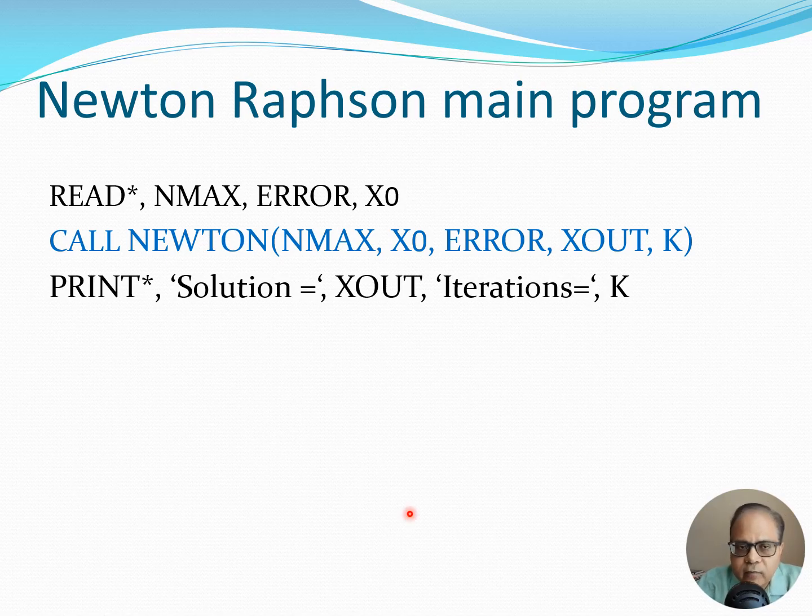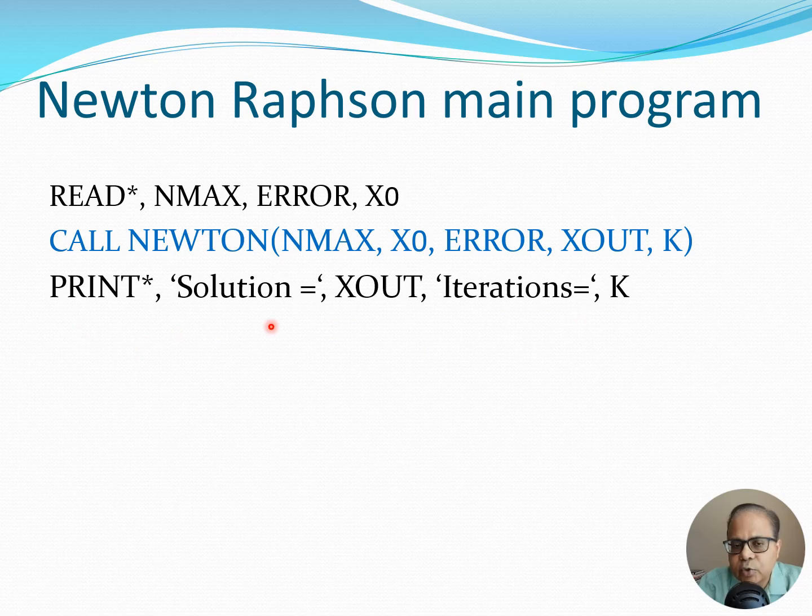So we are going to, of course, require a main program which is going to call the subroutine. The main program will essentially read certain values, the value of n max, the value of the error, the value of x0, the starting guess, and then it's going to call the Newton subroutine to calculate the value of x out and k, which are two numbers we are interested in. And then it's going to print that solution.